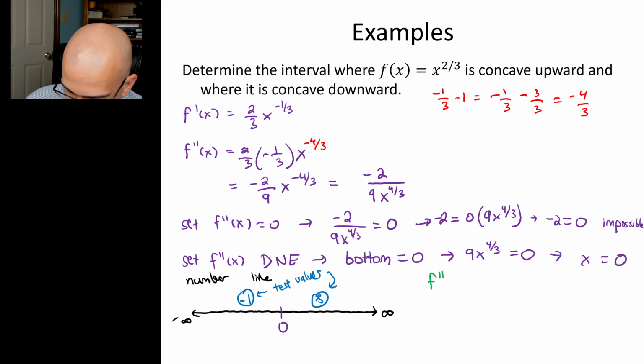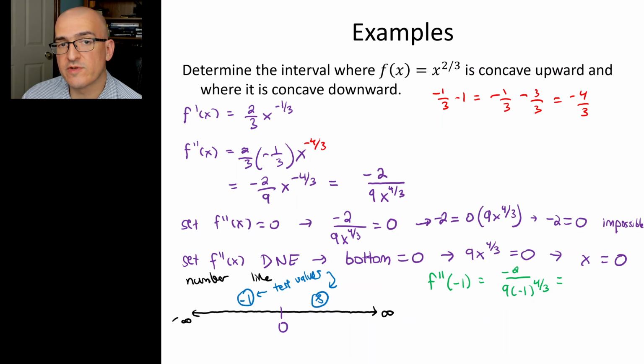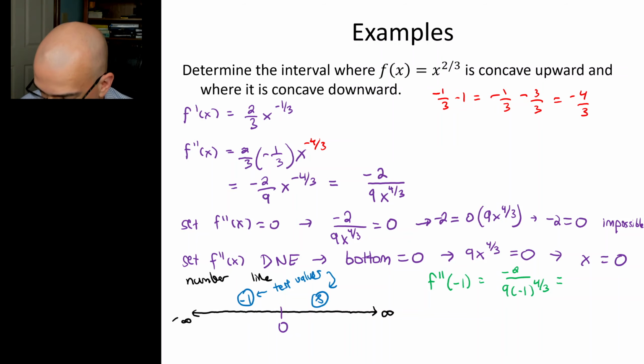So f double prime of x is up above. f double prime of minus 1. We have negative 2 divided by 9 times negative 1 to the power of 4/3. The cube root of negative 1 is negative 1, and then negative 1 to the power of 4 is positive 1.